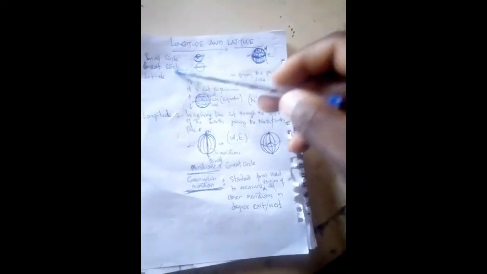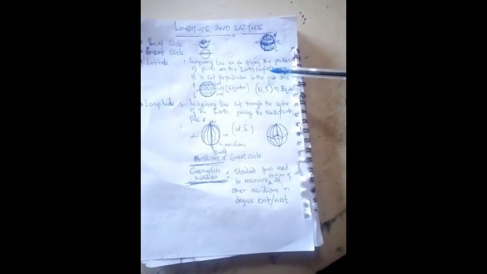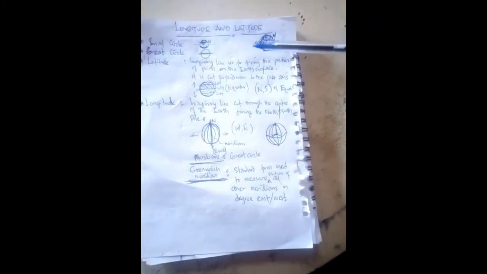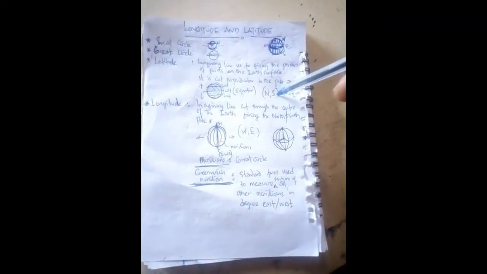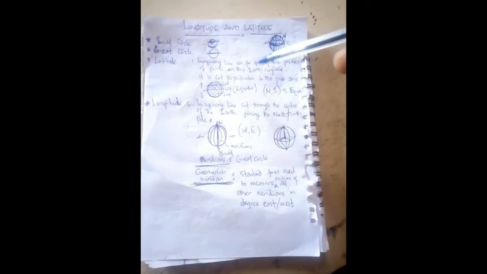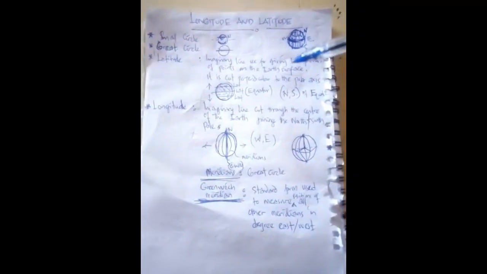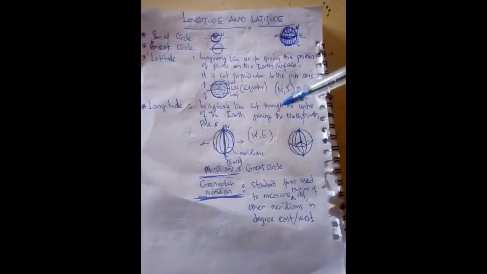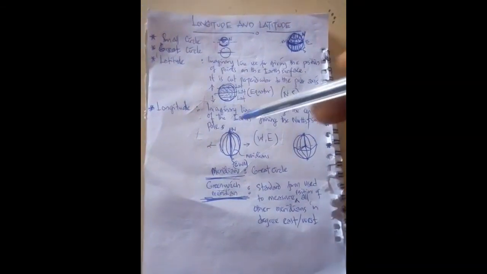And then the latitude is an imaginary line used for the position of points on the earth's surface, and the latitude is normally represented in north and south. 30 degrees north, 25 degrees north, 10 degrees north, all those are latitudes. While longitudes are imaginary lines that cut through the center of the earth, joining the north and south pole.